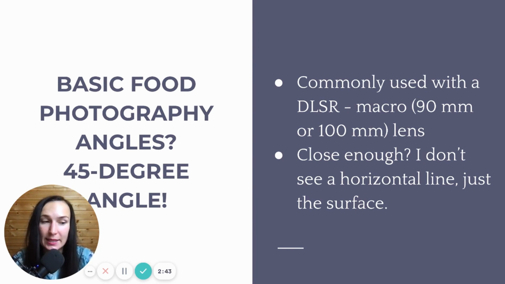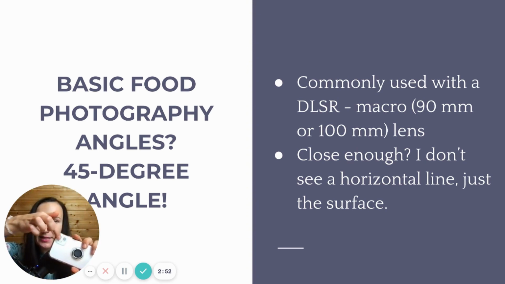However, the difference here is that phone cameras usually have a 28mm lens. Some cameras nowadays have the wide angle and then the usual lens, but this is not a macro lens.